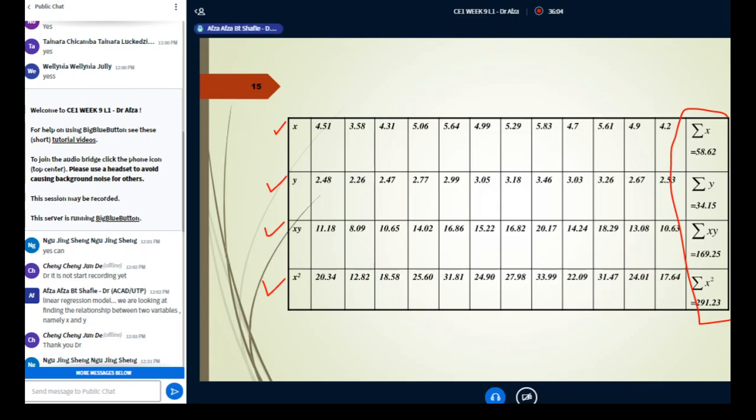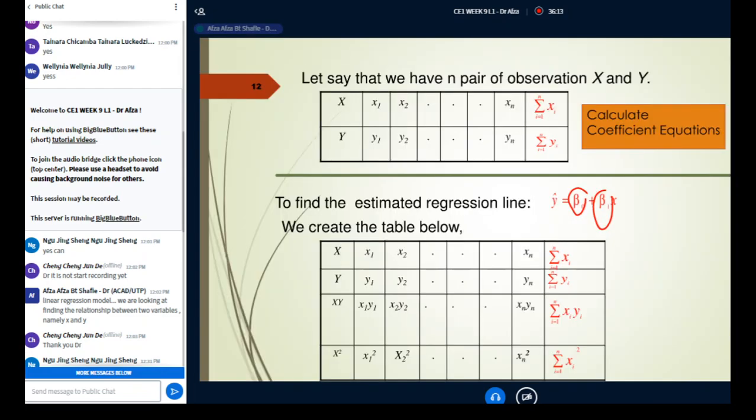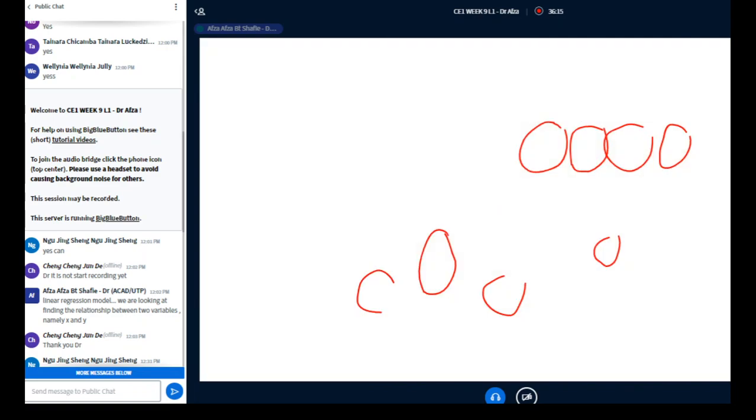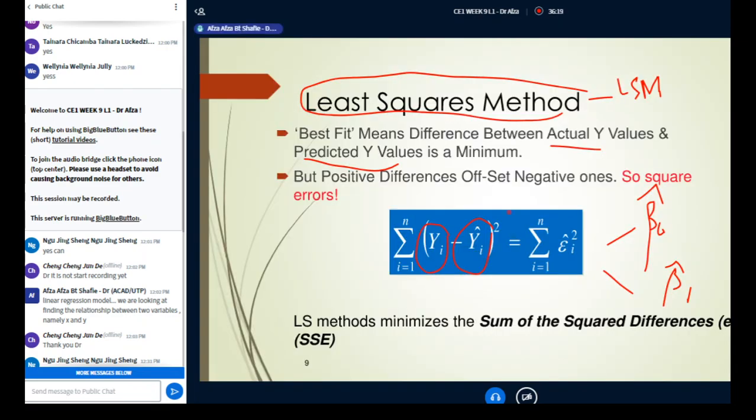Because we use the least square method, we use this technique, because we minimize this. We say that the difference between the actual y values and the predicted y values is minimum. So that's why we minimize this error of it. That's how we do it.